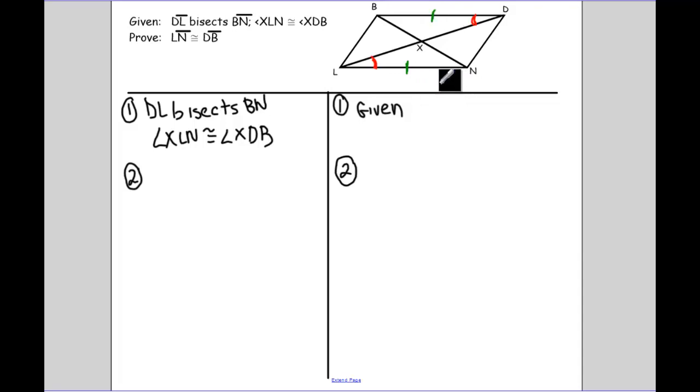If you mark up your diagram, you could start seeing, okay, I have an angle. I have these vertical angles equal, so I'm going to mark up those vertical angles. So let me state that next in my proof. Angle BXD is congruent to angle LXN because vertical angles are congruent.